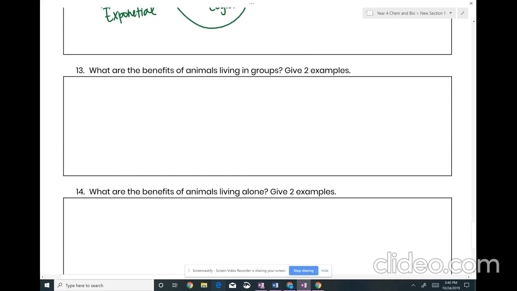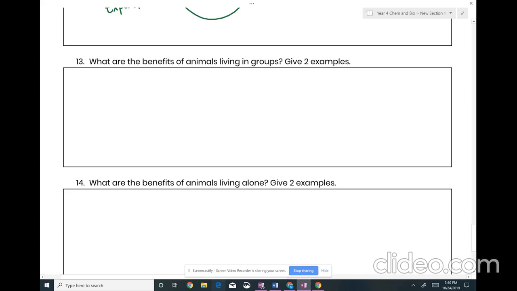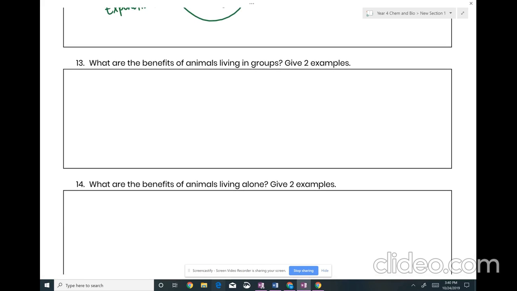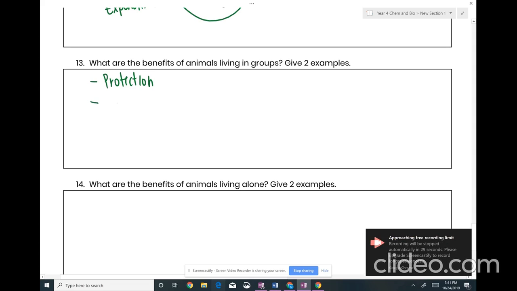Okay. So looking at this, benefits that animals have for living in groups. First of all is protection. If you live in groups, you're innately brought protection. Next thing is that you have sharing of resources.